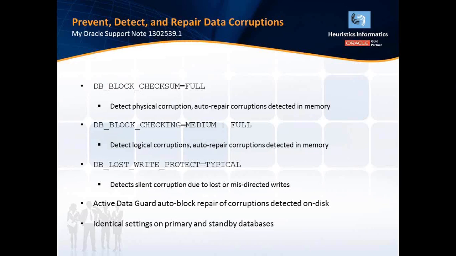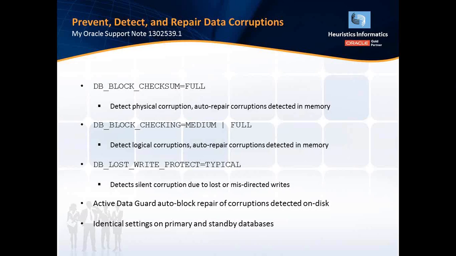Configurations that can help us detect, prevent, and repair data corruptions. These are all features of the Oracle database itself that can detect physical corruption within the database. And if physical corruption does happen, it can repair that corruption automatically.